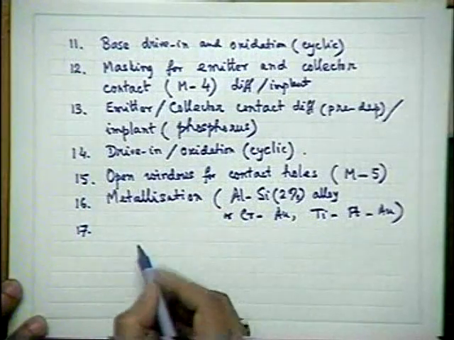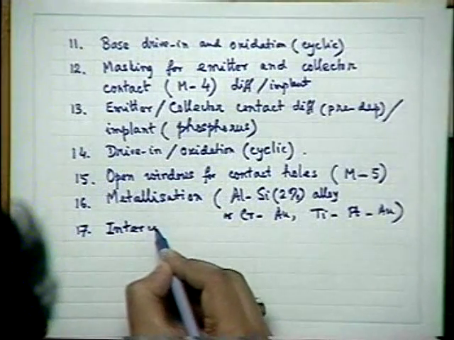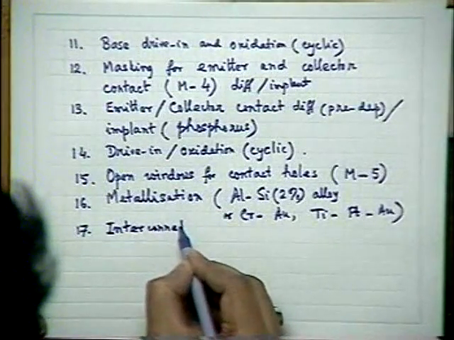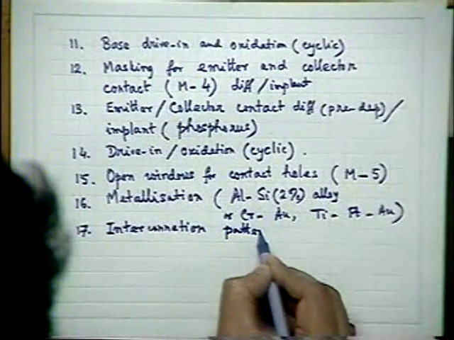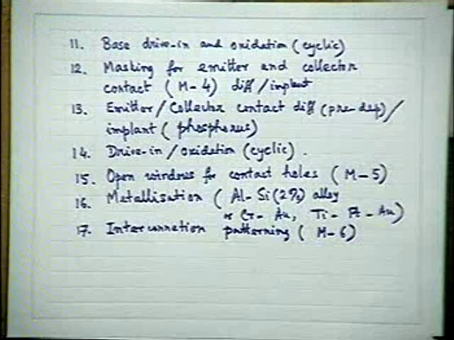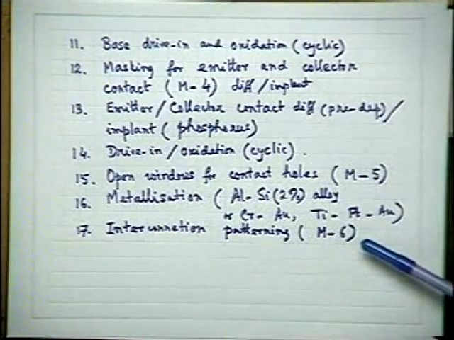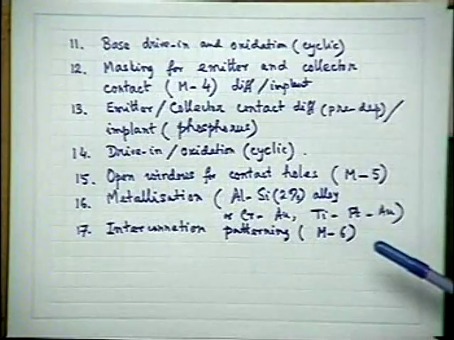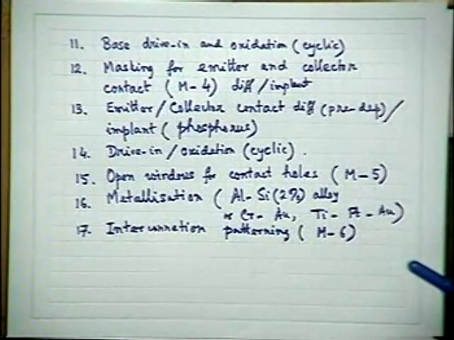And then ultimately, interconnection, using a mask, sixth mask. You pattern the aluminum or the metal film so that the ultimate interconnection pattern is formed.